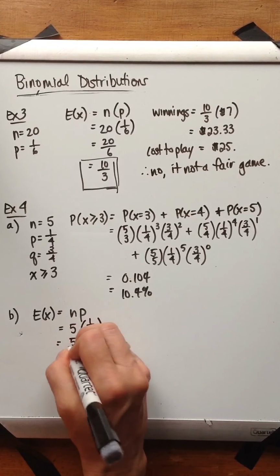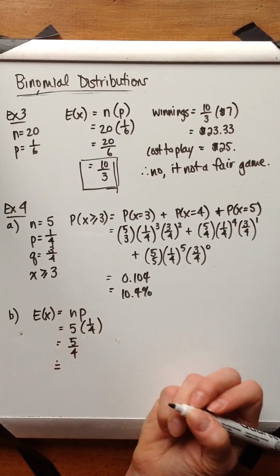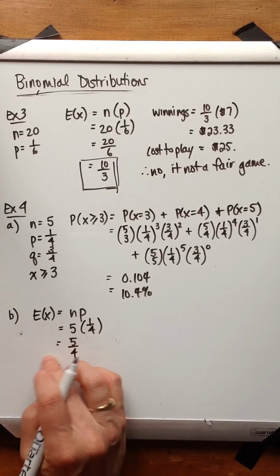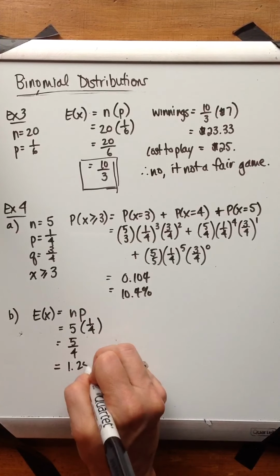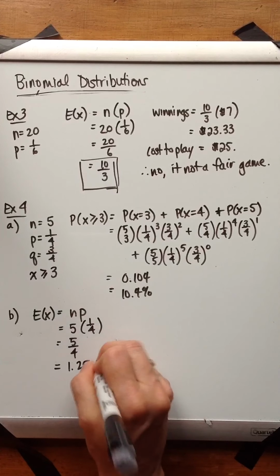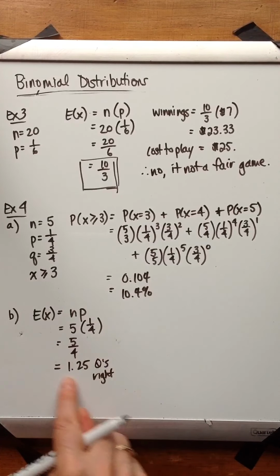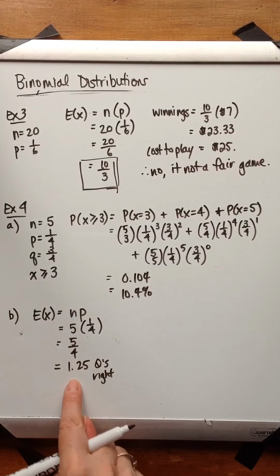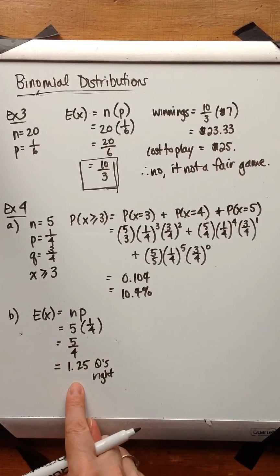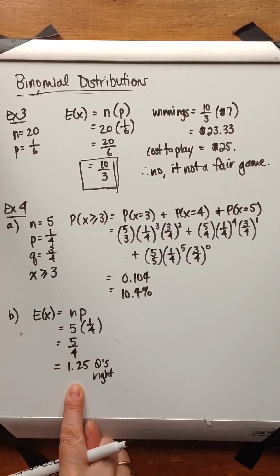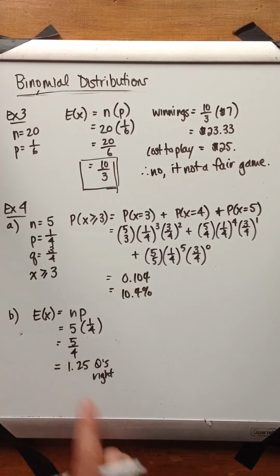That comes out to 5/4, or if you want to think of it this way, 1.25 questions correct if you randomly guess. Okay, this is not the percentage, this is the expected value. This is the value of X that you expect to be the most common response if you did this over and over again. Now this looks kind of funny to get 1.25 questions right.